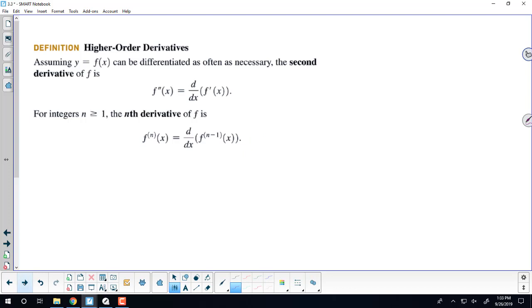We can take higher order derivatives, meaning we can take the second derivative, the third derivative, the fourth derivative, assuming the function has a continuous derivative. But all we mean by higher order derivatives is, for instance, if I say take the second derivative, that means take the derivative of the derivative.